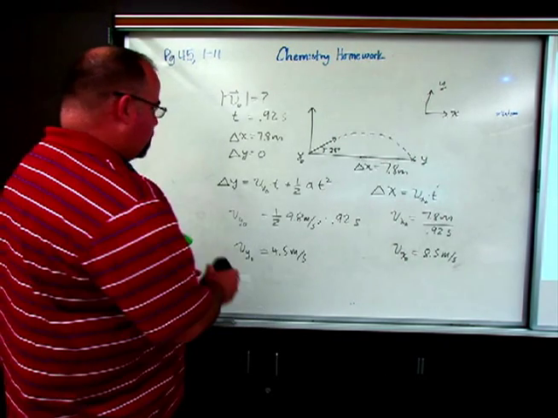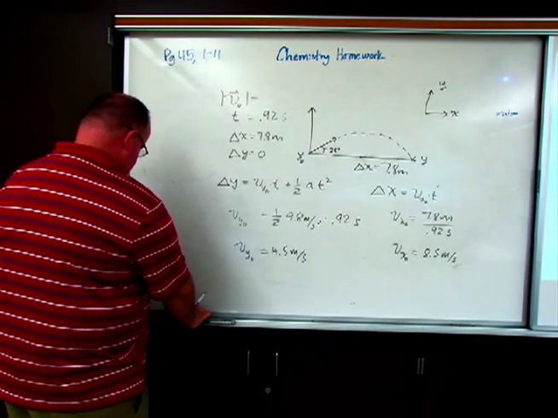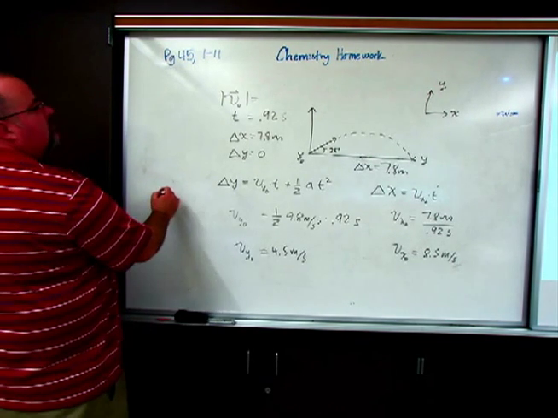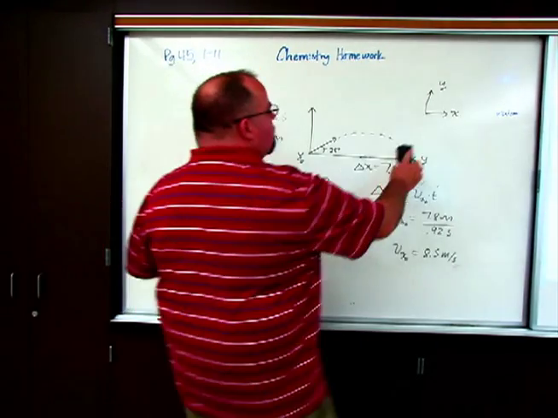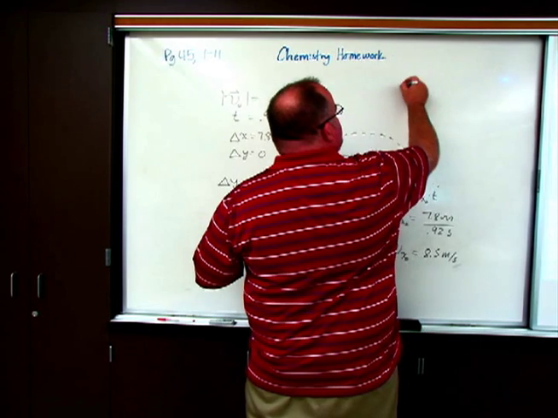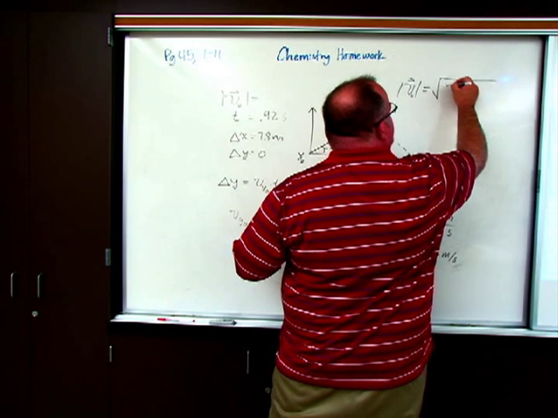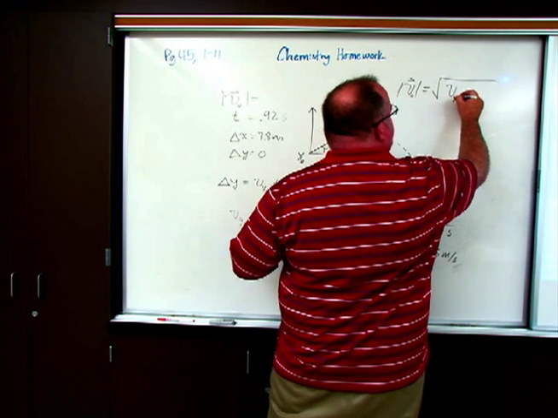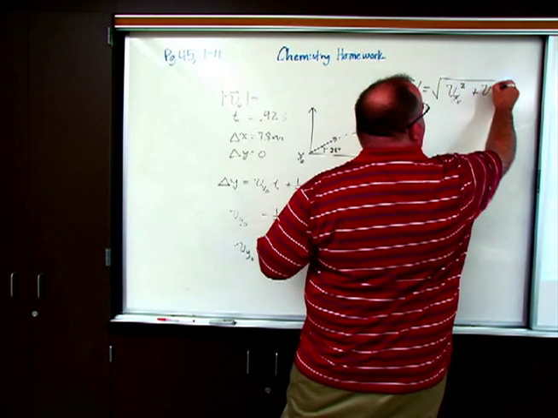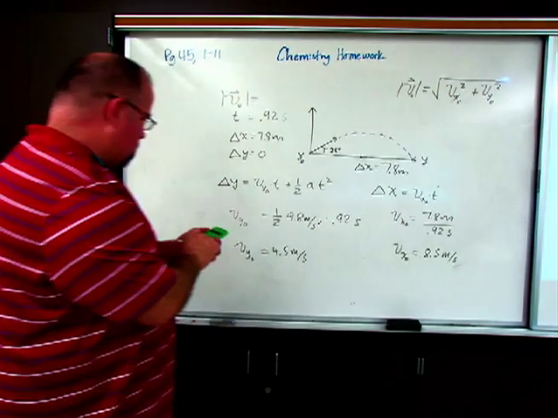Now all I have to do is substitute back in and use the Pythagorean theorem to find this right here. So let's take away our 0. Let me write the Pythagorean theorem. This equals the square root of Vx sub 0 squared plus Vy sub 0 squared. So let's calculate that out.